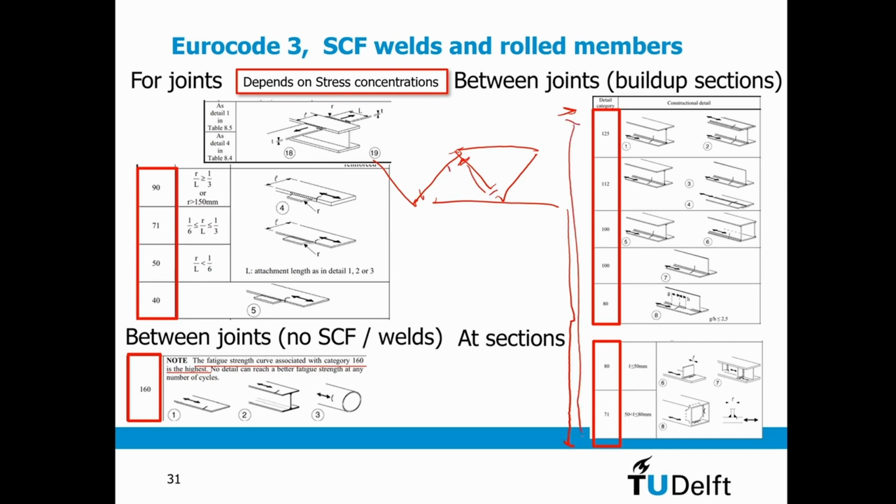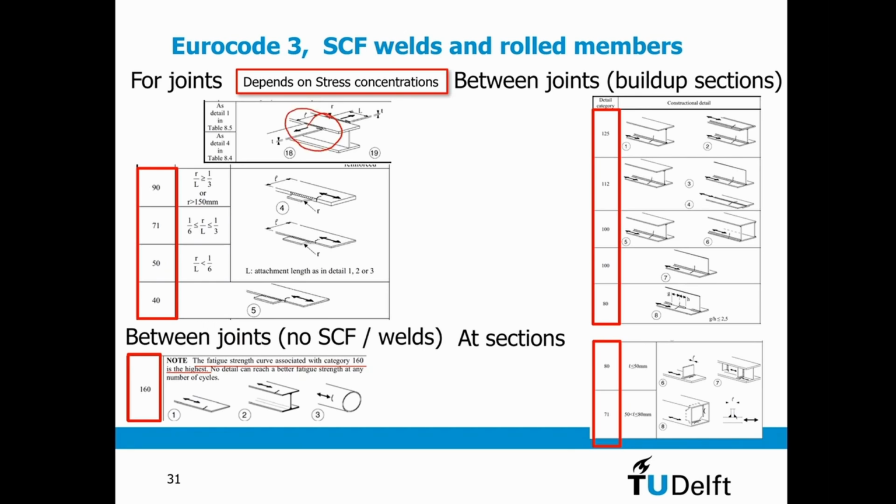So these are the fatigue levels I need to set. But if I am at a joint, I also have the effect of stress concentration factors, as you see in this one. This, of course, is a very bad idea. In crane work, this welding is in general not accepted. That is what they call a K4. So there is a huge stress concentration here at the tips.